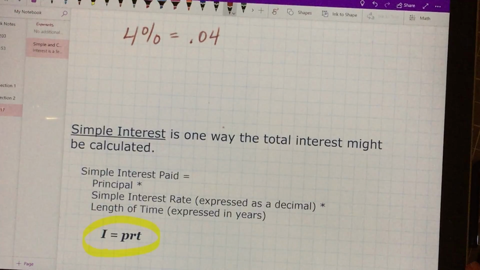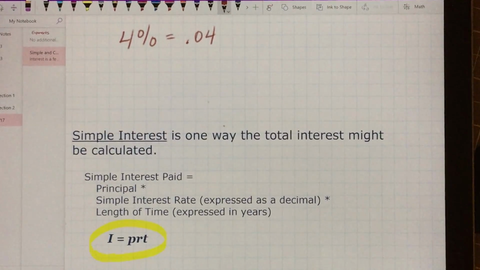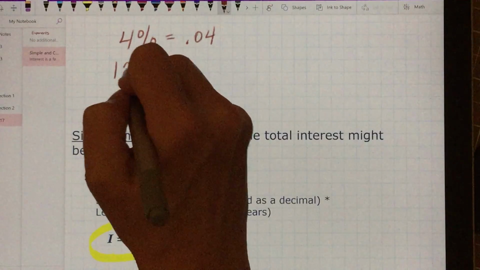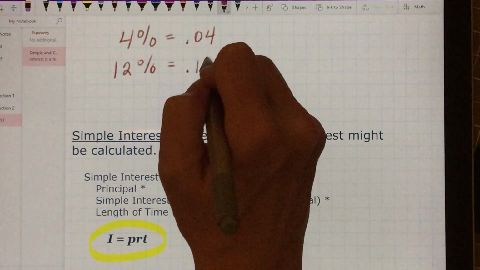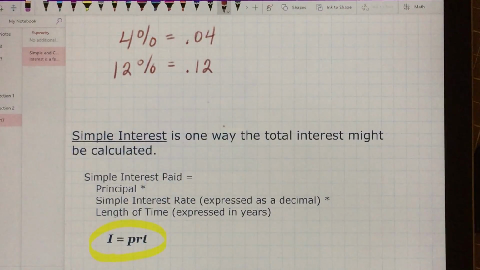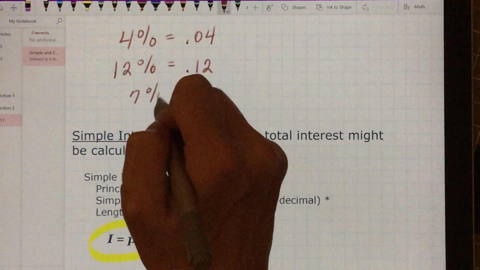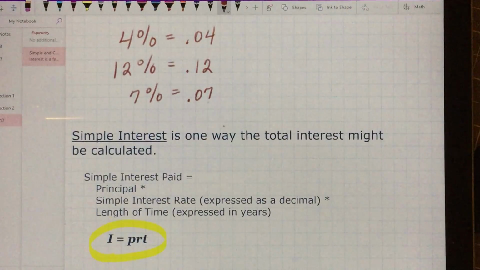To convert that percentage to a decimal, all we're doing is moving the decimal over 2 places to the left. It's the same way we always convert percentages to decimals. So if the simple interest rate is 12%, we convert to a decimal to use it in the formula: 0.12. If the simple interest rate is 7%, we'll convert it to a decimal, 0.07.